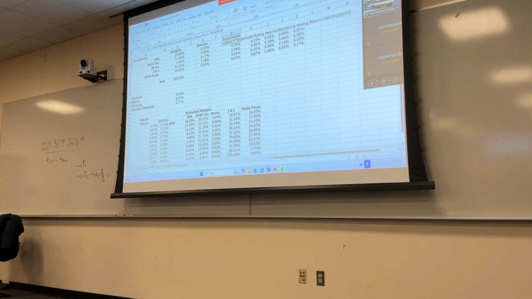Any questions so far on basically row 1 through row 8? Is this clear to everyone? Yeah.